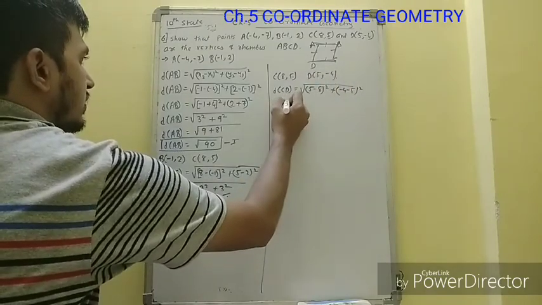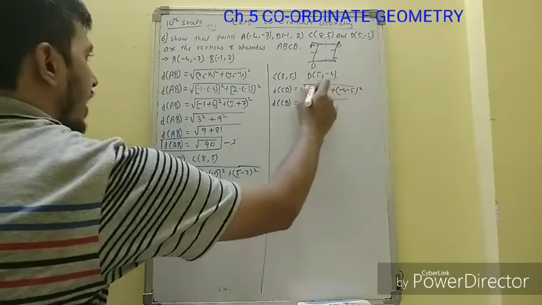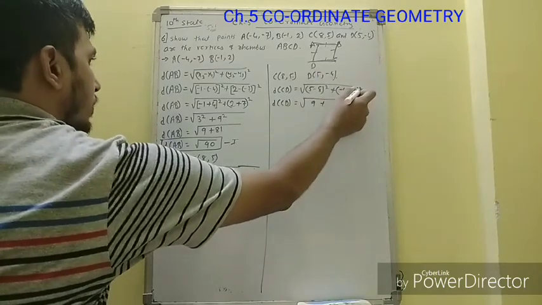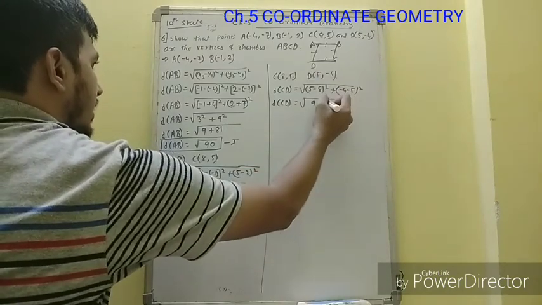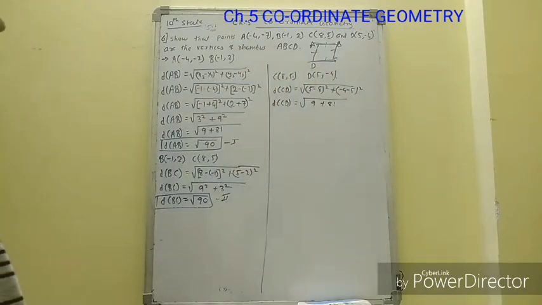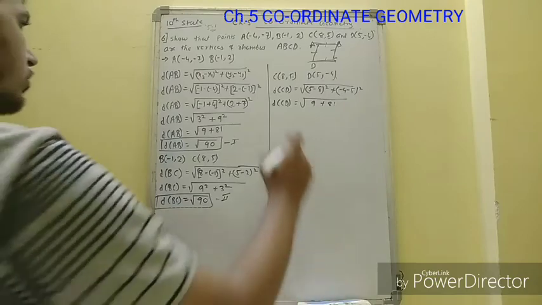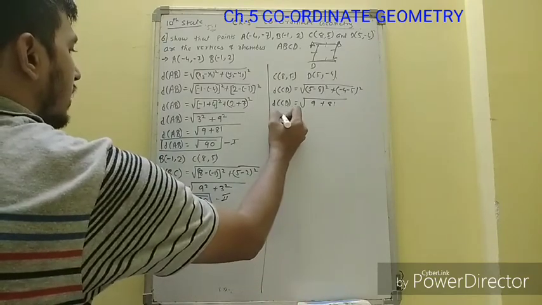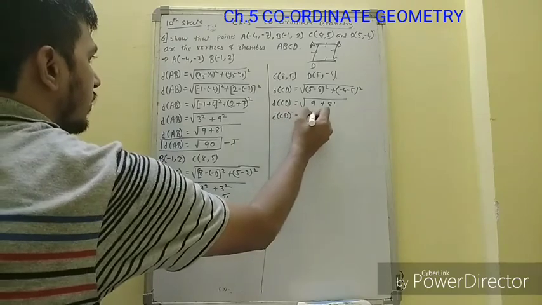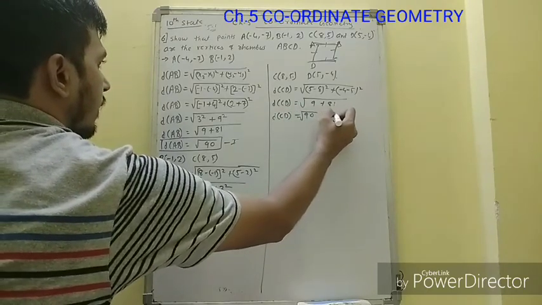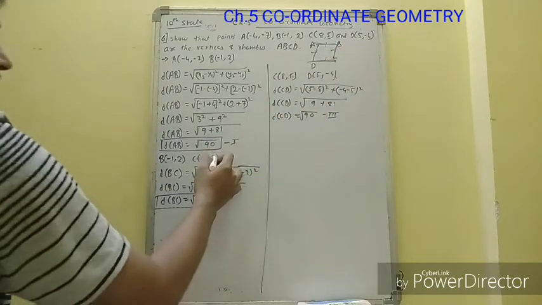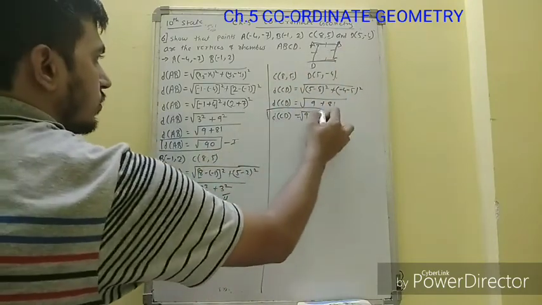So distance CD is equal to 5 minus 8 is minus 3, square is 9, minus 4 minus 5 is minus 9, minus 9 square is positive. Minus square is always positive. So again 9 plus 81, distance CD is equal to the square root of 90. So we can see that each and every answer is getting square root of 90.